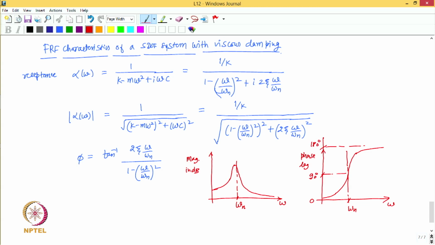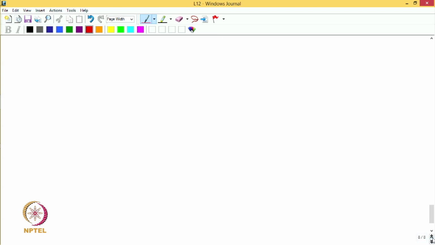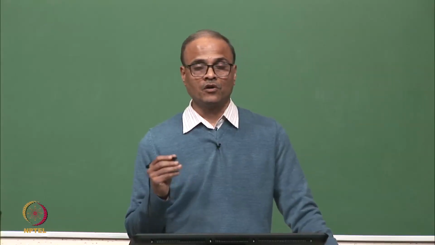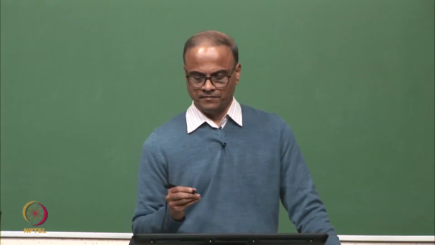Let us now study the behavior of the magnitude plot in the low and high frequency ranges. Based on this behavior, we are going to define two asymptotes of the FRF, which are called the stiffness line and the mass line.